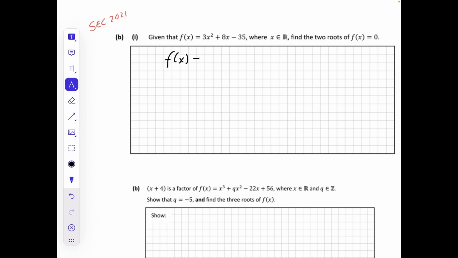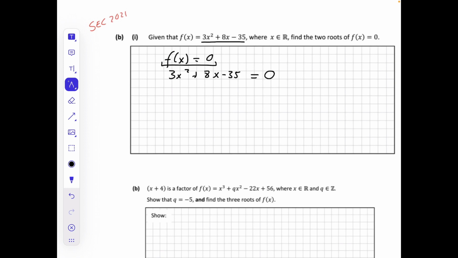So when f of x is equal to 0, f of x, they told us up here, is the same thing as 3x squared plus 8x minus 35. So they tell us f of x is equal to 0, which means they want when 3x squared plus 8x minus 35 is equal to 0.